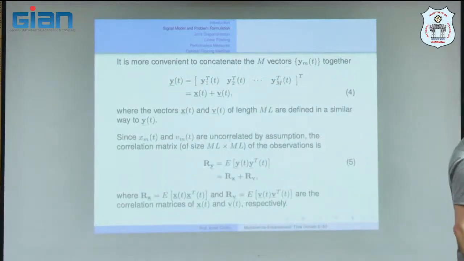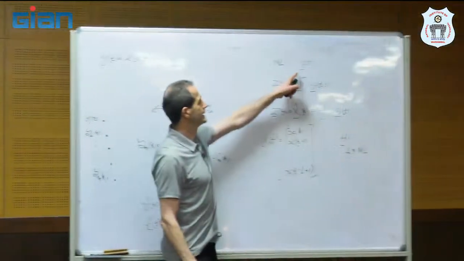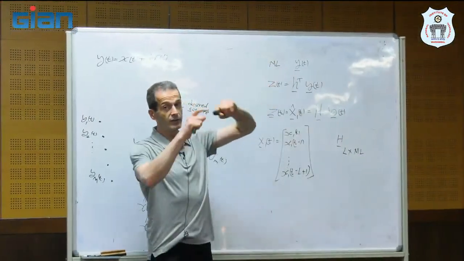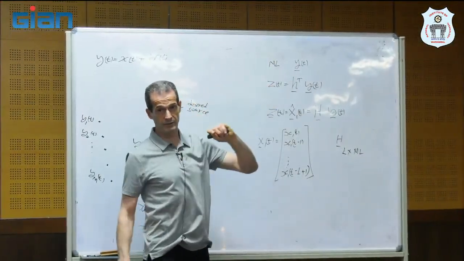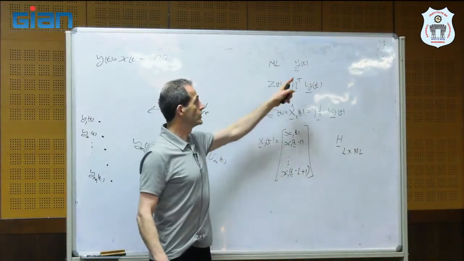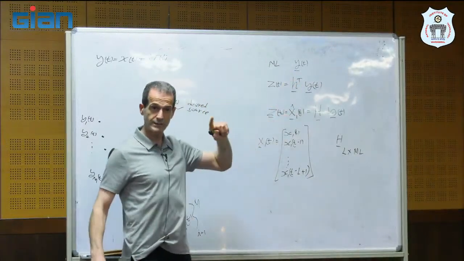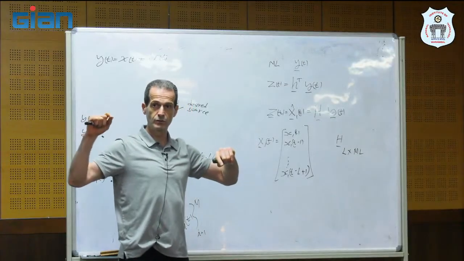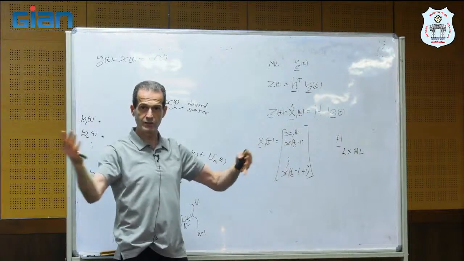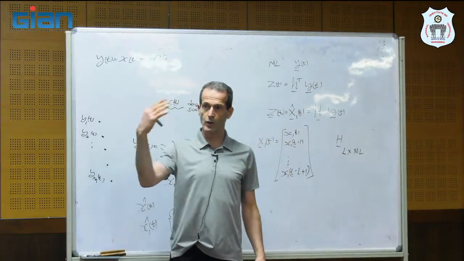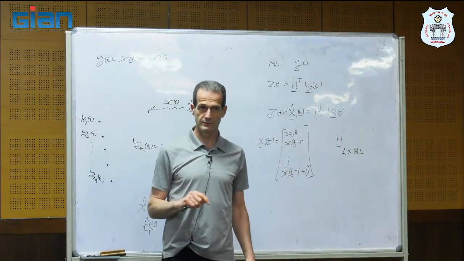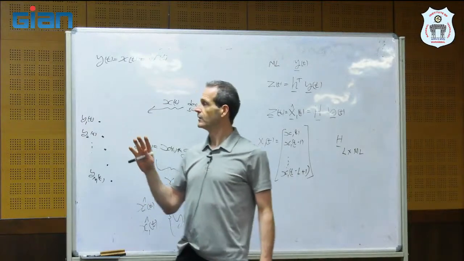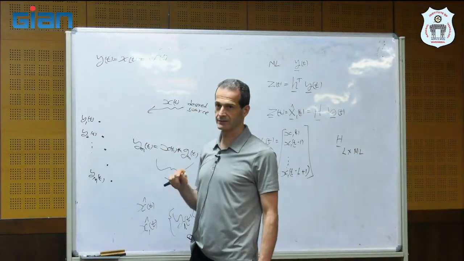the covariance matrix or correlation matrix of Y is a longer vector. It contains more information. So this matrix, the correlation matrix, is ML by ML. So if you estimate something with more information and it contains wrong values, you will get a worse result.